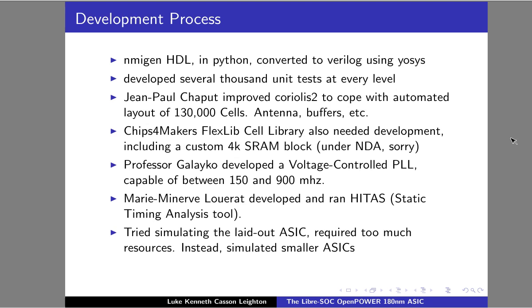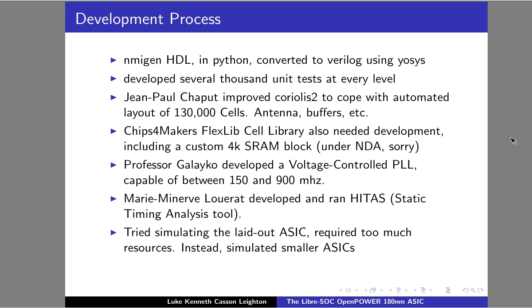So, what was our development process? Well, we started with Nmigen and HDL in Python. This then gets converted automatically to Verilog using Yosys, so we can then pass that to verification tools, even proprietary verification tools. You can extract and run it there.